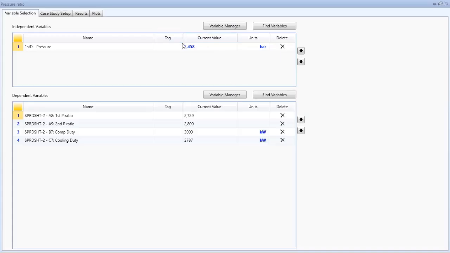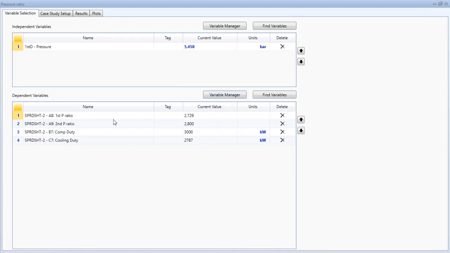In this case study, you will add as your independent variable, the variable that will be adjusted during the verification, the first stage discharge pressure, and as dependent variables, the variables that I want to verify the results, I added the first stage pressure ratio, second stage pressure ratio, the compressor duty, total compressor duty, and also the total cooling duty.